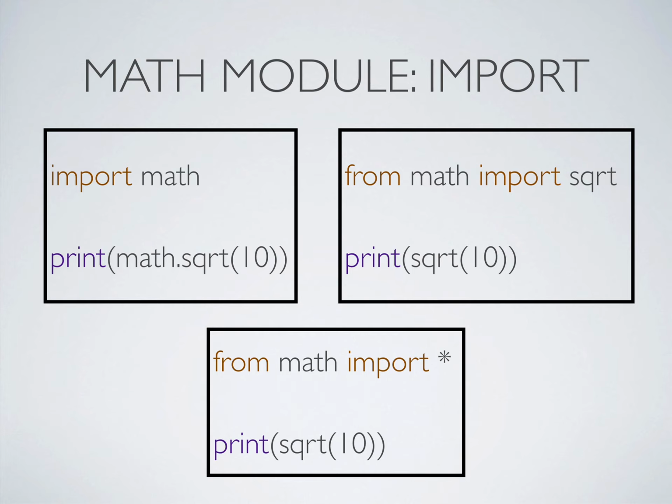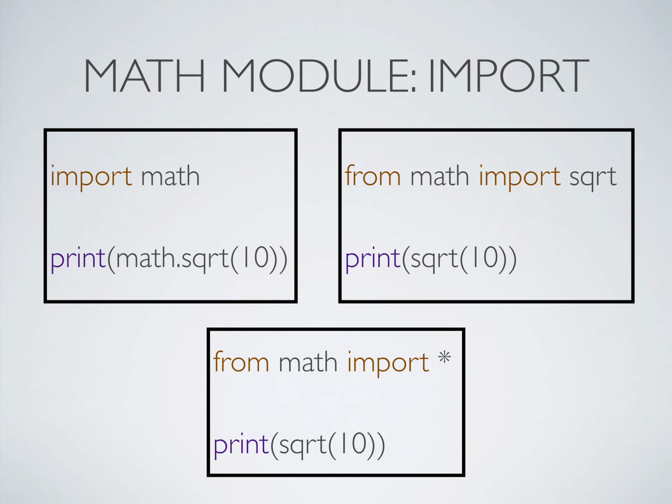Same sort of idea with this bottom one, this third approach, from math import asterisk, from math import everything. Well, if you import everything, you don't have to type math dot in front of the square root as well. So again, these are the 3 different ways you can import math, and this is not just for math. You can do the same thing with any other module as well, but we're just using math as the example here.